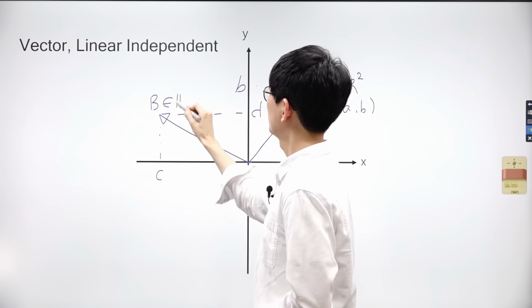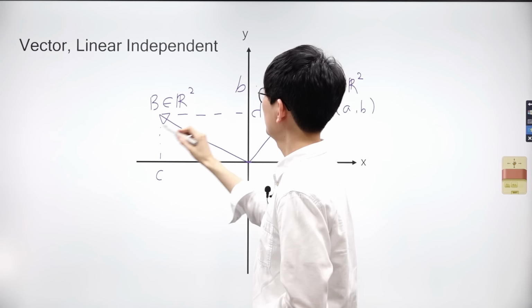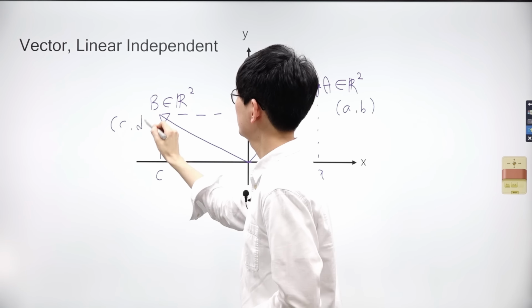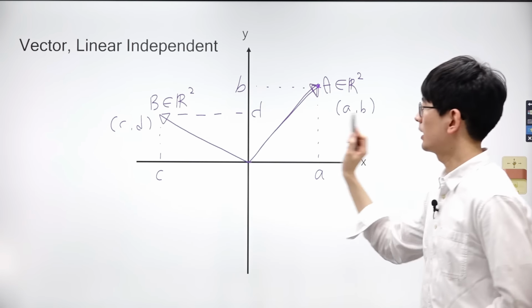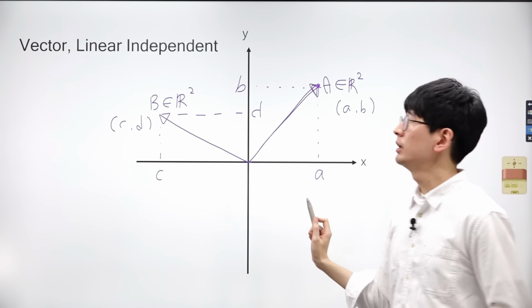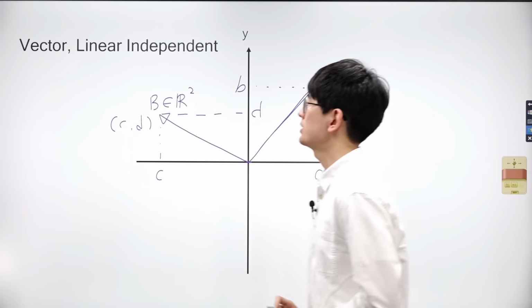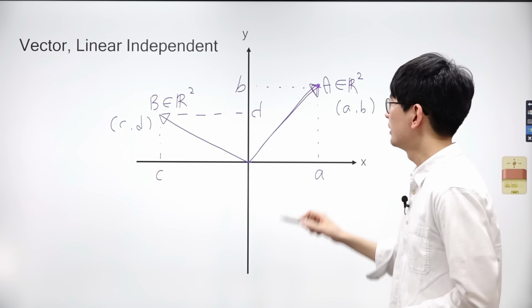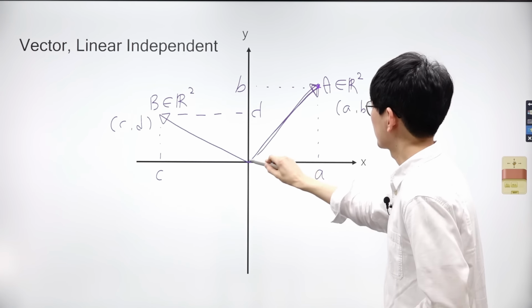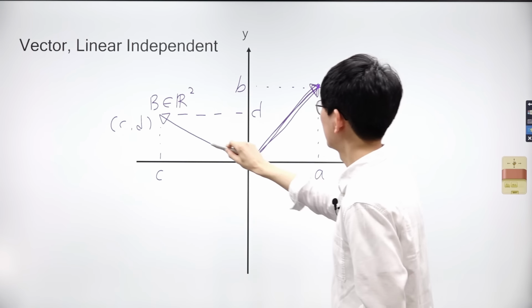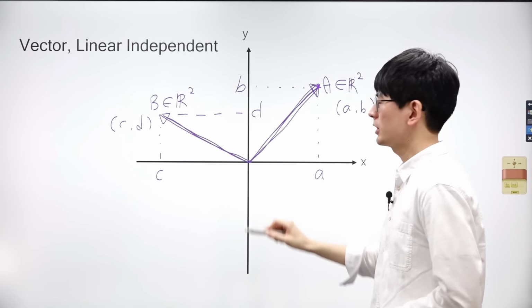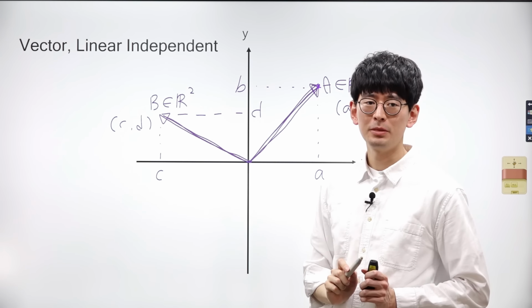Then B is also a vector in R2 with coordinates c and d. So far, we've defined two vectors A and B. Now let me explain what linear independence is. It would be helpful to think of linear independence as how distinct each vector A and vector B are.